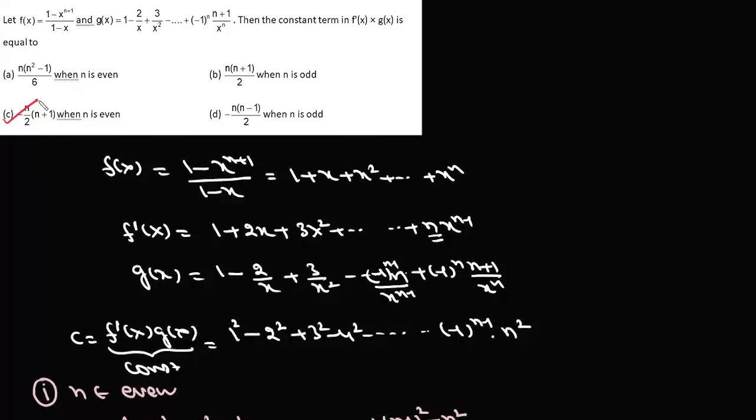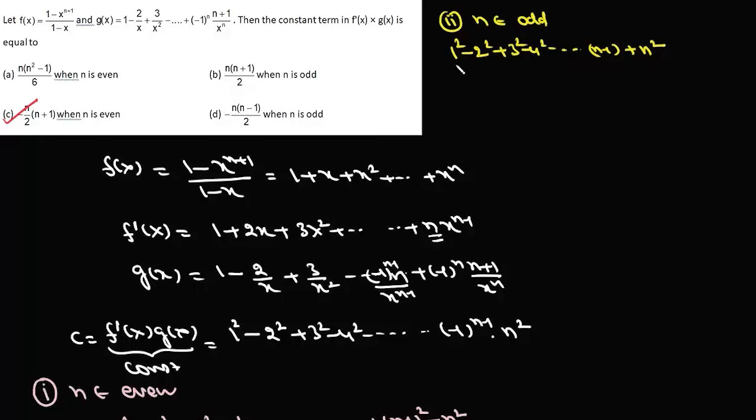Now, what if n is odd? So we have our second case when n is odd. Now, if n is odd, we need to find this series 1 square minus 2 square plus 3 square minus 4 square up to n minus 1 terms, and then plus the last term, and the last term will be minus 1 to the power n minus 1, so it will be simply plus n square.